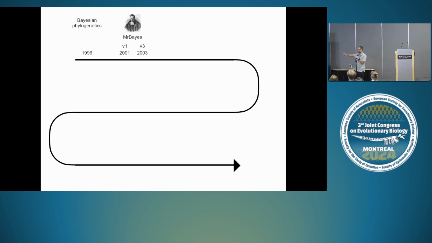You will see that there's a time scaling effect happening for RevBayes, because already in 2004 there was the kickoff meeting for MrBayes 4, which led to a prototype in 2008. But that prototype wasn't really what was thought of for RevBayes, so that was a complete restart in 2009, redesigning it into what we now have as RevBayes.